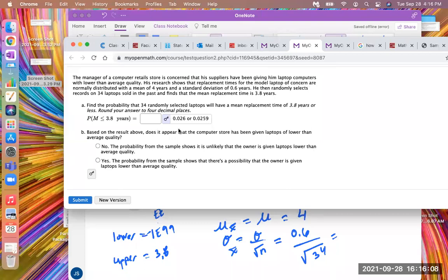Okay, so the probability of this occurring, of us getting a sample of 34 that has 3.8 years or less, is 0.026.